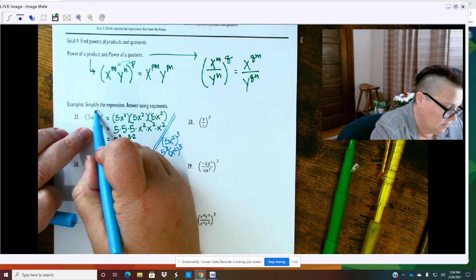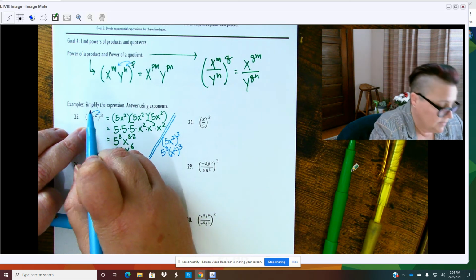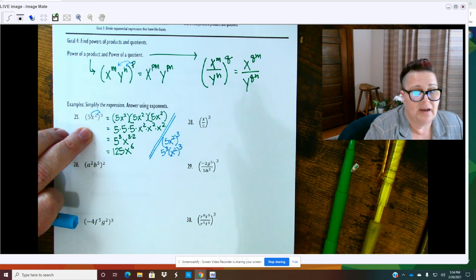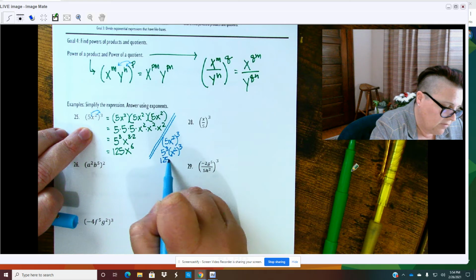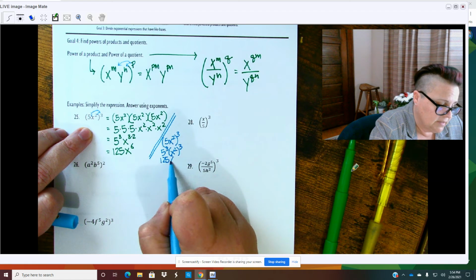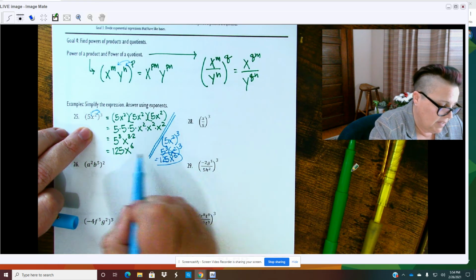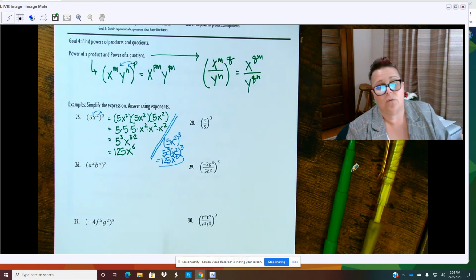Distributing this to both. Oh, but there's not one there. Oh, but there is a 1 there. Even though we never write it, that 1 is there. So that's going to give us 5 to the third is 125. X to the second to the third, I can multiply those together to get x to the sixth. Notice I have the same answer in a slightly more efficient manner than if I wrote all those out.